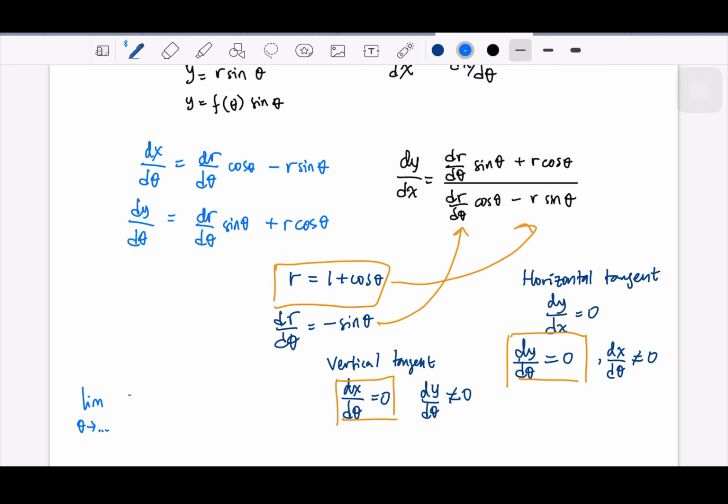Maybe this is dy over dx, resulting in 0 over 0. Okay. So to solve this, you can directly use L'Hopital's rule. Some cases happen in the vertical tangent, and then you need to analyze using L'Hopital's rule.